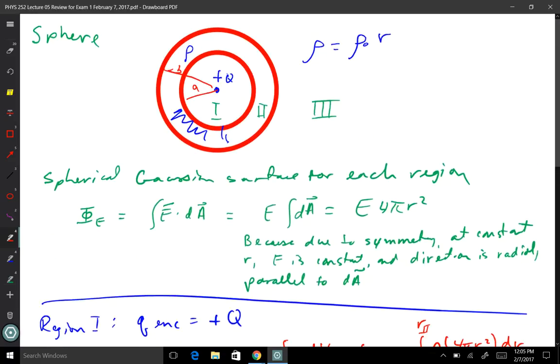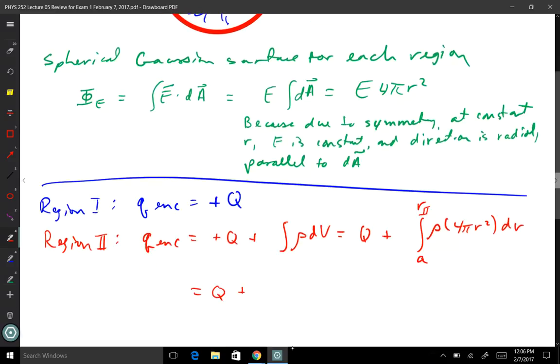My rho was equal to rho naught r, so it's going to be rho naught integral from a to r2 of, I can bring out the 4 pi as well.